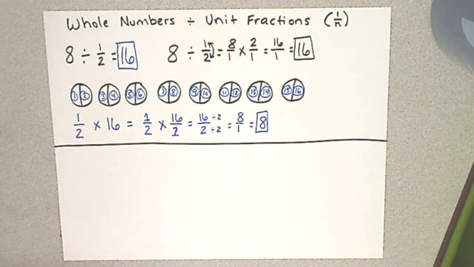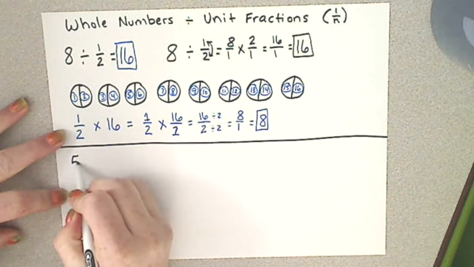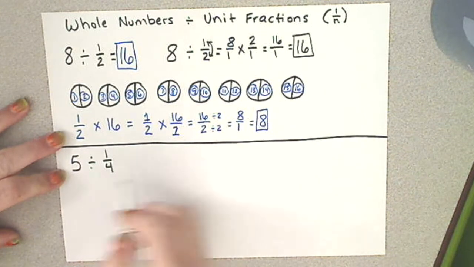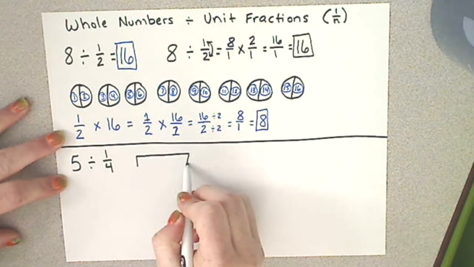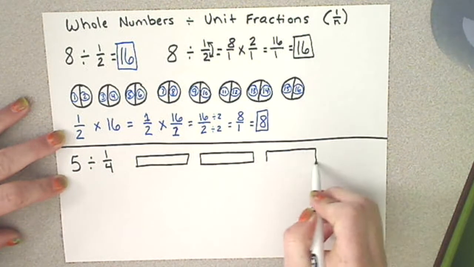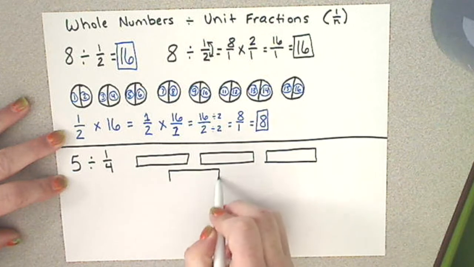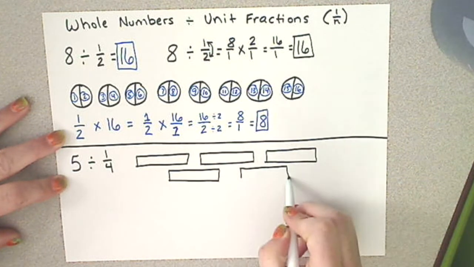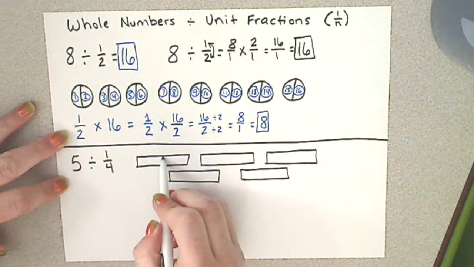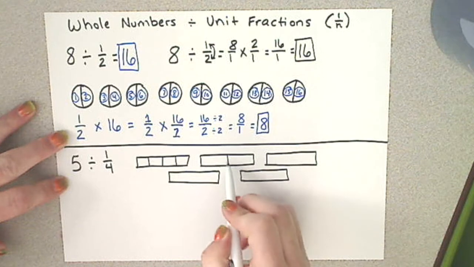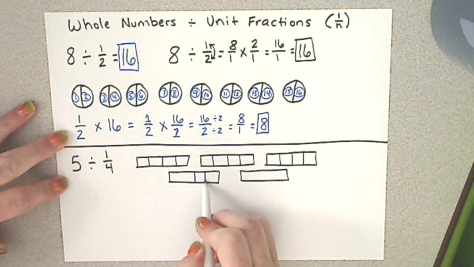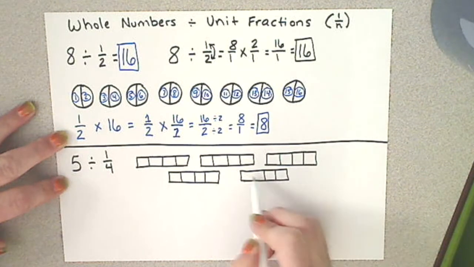We are going to take 5 and divide it by 1/4. So I need 5: 1, 2, 3, 4, 5, and I'm dividing them into 4 pieces. So halves and quarters, halves and quarters, and so on for each whole.